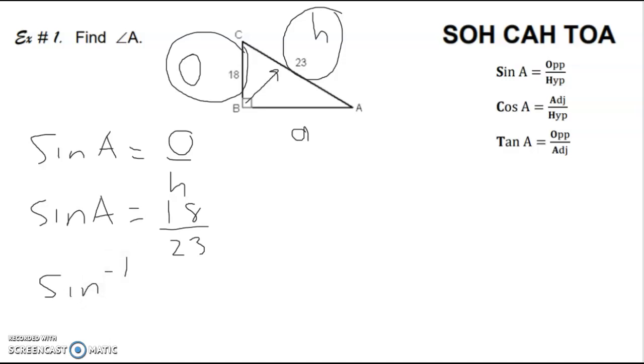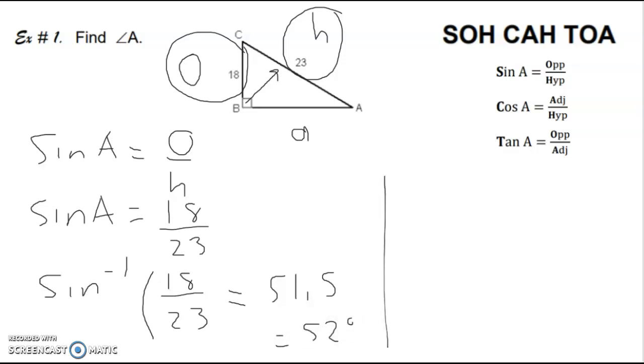Then you're going to have a bracket that opens up in the calculator, and you're going to take 18, divide it by 23, and you might have to hit equals, or it might already pop up for you, and you will get 51.5. Okay, we can round that to 52 degrees.